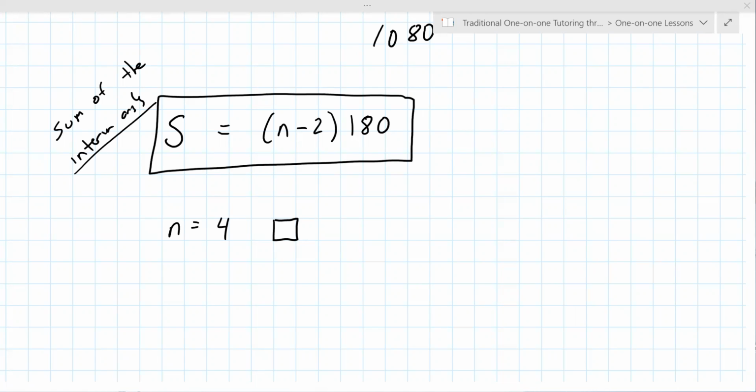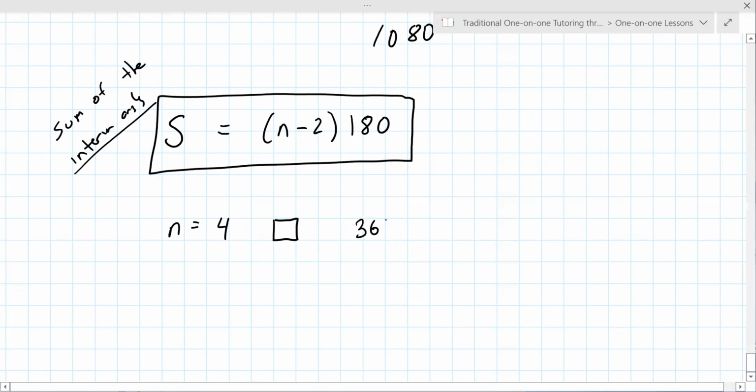Is this like I'm doing pandas? Yes. So you're going to subtract before you multiply. 360.